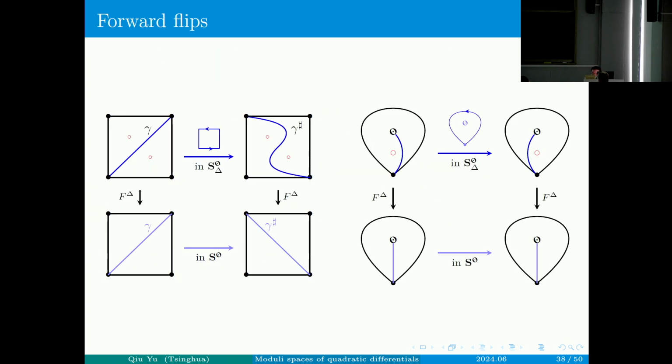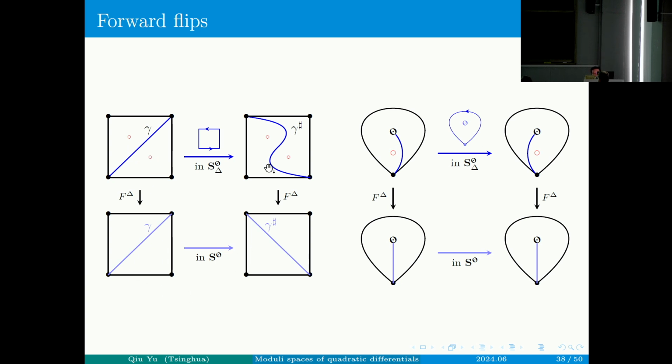So finally, let me show you more pictures and tell you what is the idea of the proof. You just need to forget about the foliation and only remember the triangulation structure. So usually when you have a triangulation, you have a flip, which is you replace the diagonal in the neighborhood, which is a square usually.